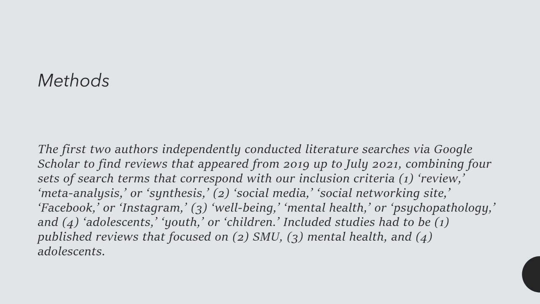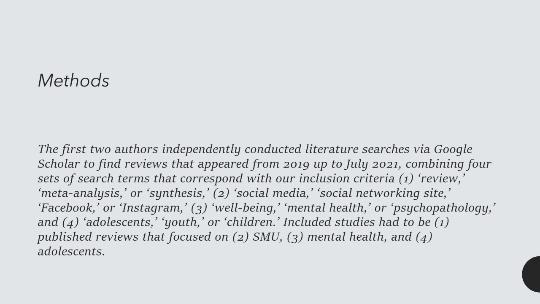The first two authors independently conducted literature searches via Google Scholar to find reviews that appeared from 2019 to July 2021. So there you can see the 5 years that they chose. That was an inclusion criterion. And they combined four sets of search terms that corresponded with the inclusion criteria.